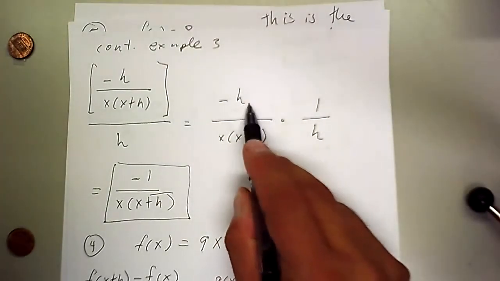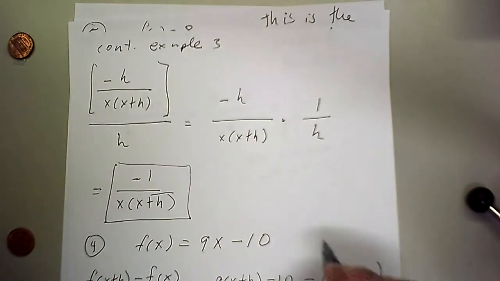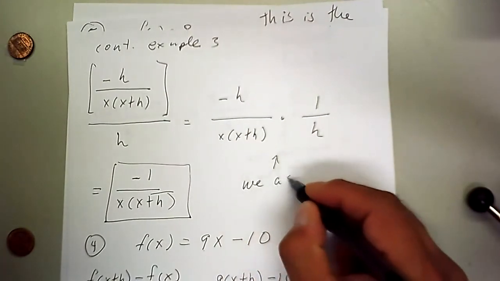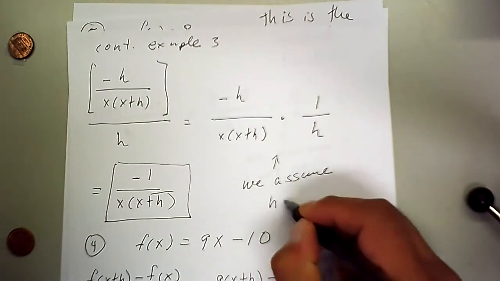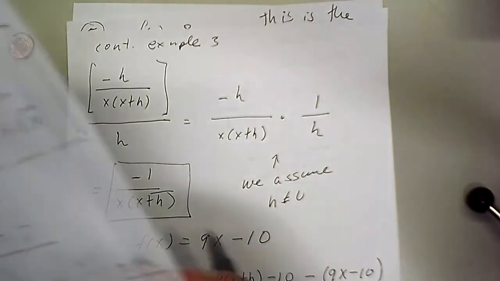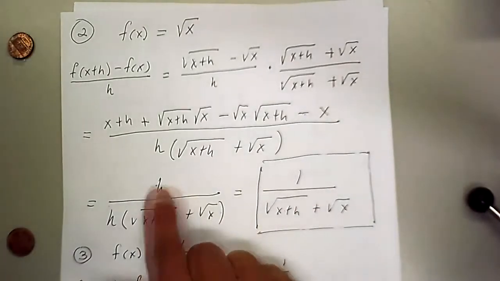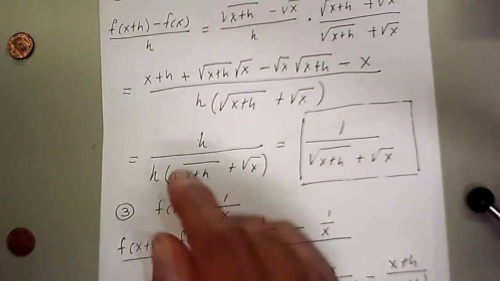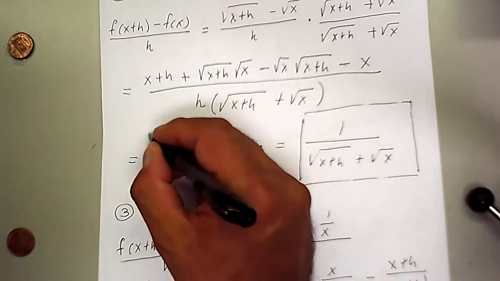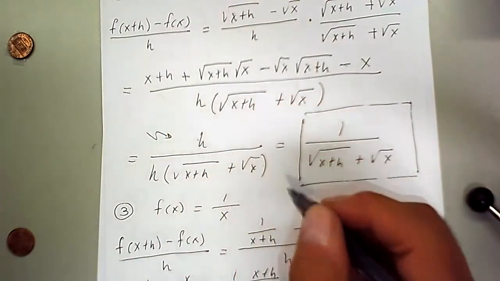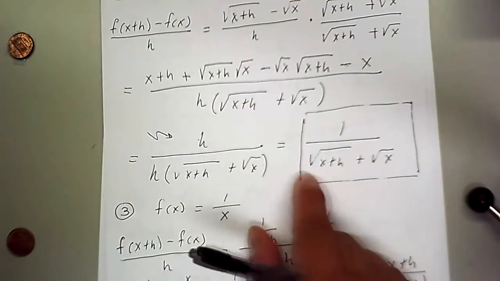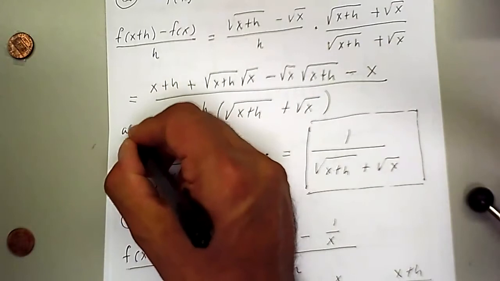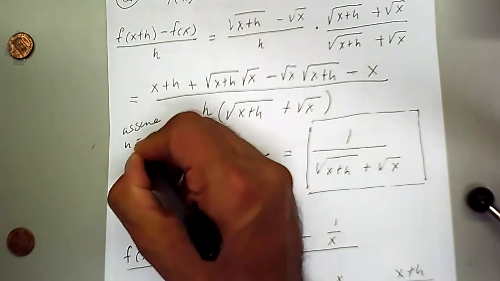When we simplify those two, again, we assume h is not 0. Here, when we simplify those two, because we cannot divide by 0, that is sort of implicit, but it is good to emphasize it. So the reason why those two are equal is because we're assuming h is not equal to 0.